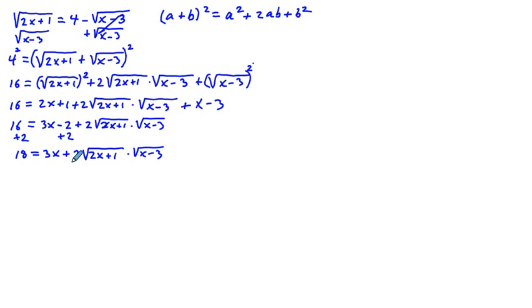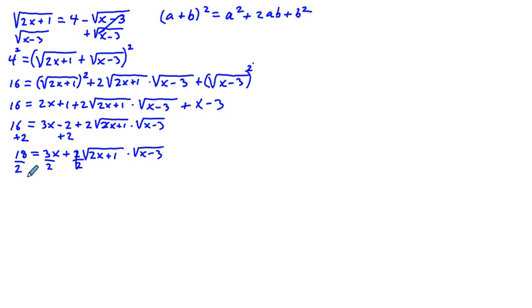Okay, the next thing we're going to do is simplify by dividing both sides of this equation by 2. And what that's going to do on the right side is that 2 over 2 is going to cancel each other.